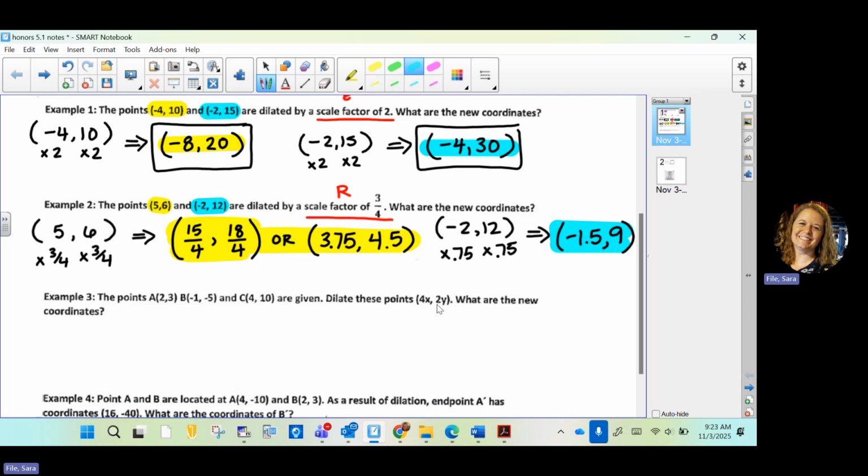So that means that the X and Y are not using the same scale factor. The X has a scale factor of 4, and the Y has a scale factor of 2. So we just have to pay attention when we have a rule like this, because it changes what we're multiplying by. So I'm going to list them out like this.